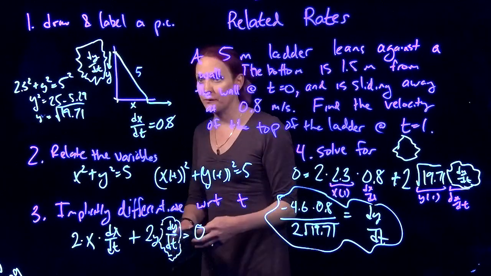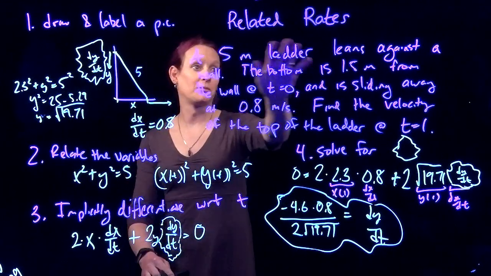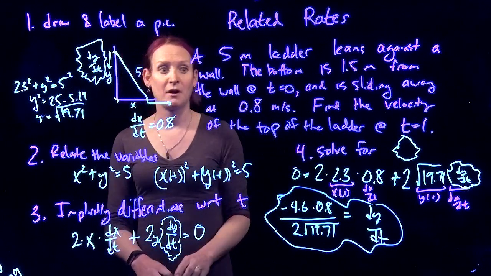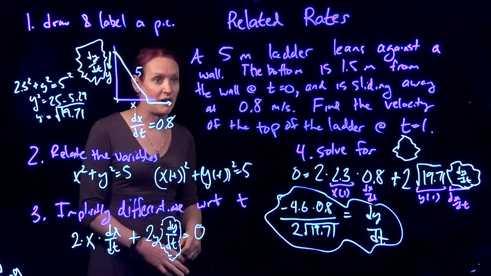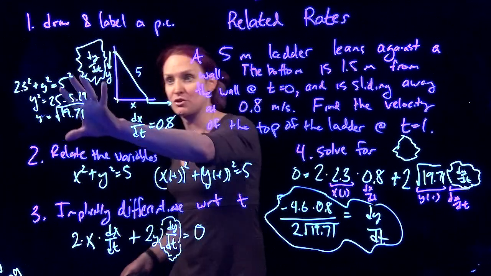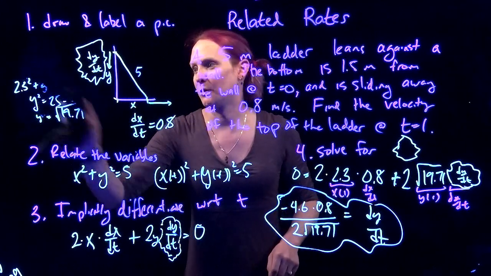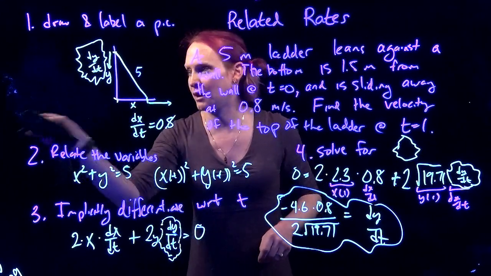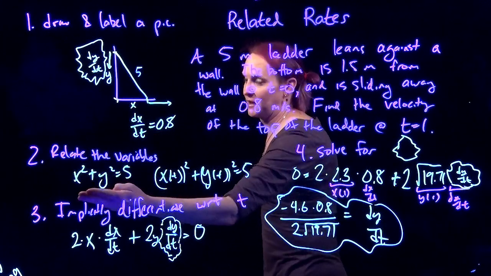Okay, so let's review the steps that we took. The first thing that we did when we approached this problem was think to ourselves, okay, I need a picture. I need names of things in order to have command over them. So we're going to draw a picture and label everything in the picture with a symbolic quantity. And then we're going to relate those variables together.